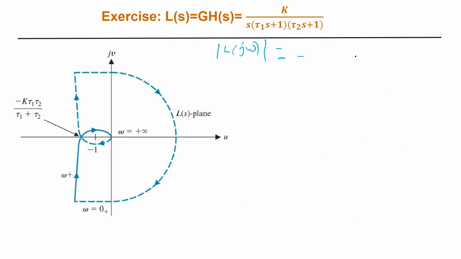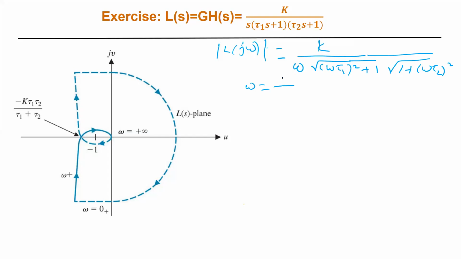Equal to K over omega root of omega tau 1 square plus 1, and then we have root of 1 plus omega tau 2 square. Now we said omega at this point equals 1 over root of tau 1 tau 2. Substitute. So what do I get?